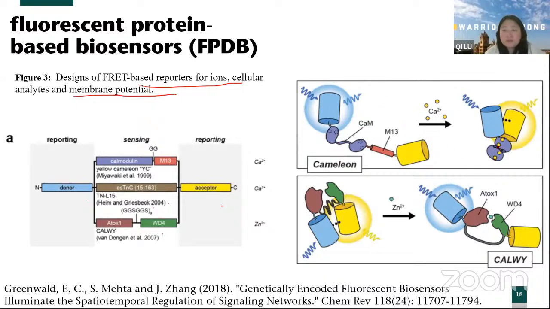And after the conformation change and binding with the calcium, the relative distance decreases, and also these two proteins are aligned together. The angle is also important for them to have this energy transfer from the CFP to YFP. So after there's a conformation change, this signal will be yellow light.